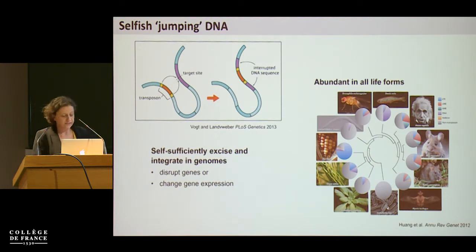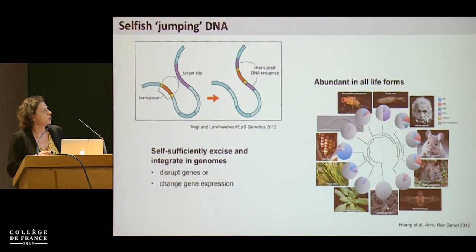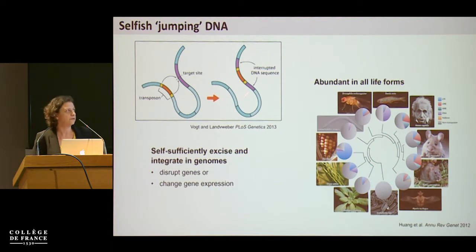Obviously, when these elements move from one location to another, they can disrupt genes and thereby have significant mutagenic consequences on organisms. But they can also change gene expression patterns, even if they do not move into a genome.